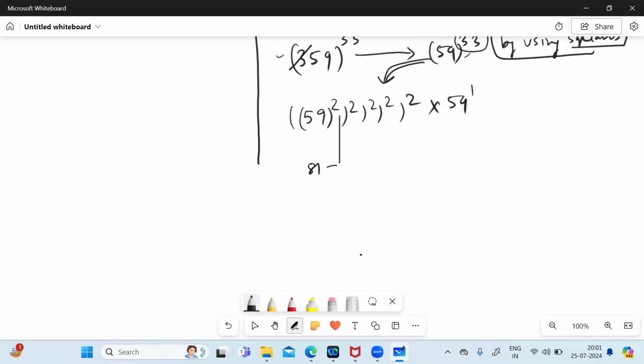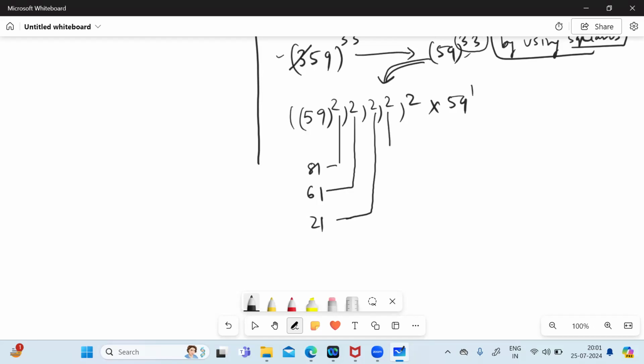Why? 50 plus 9. 81 square, then again we'll square 81, it will give you 61. If we square again, it will give you 21. And why? It was 100 minus 19, it was 50 plus 11.